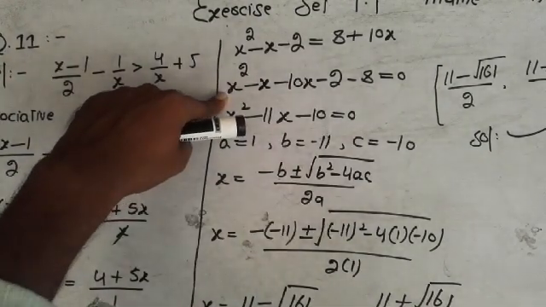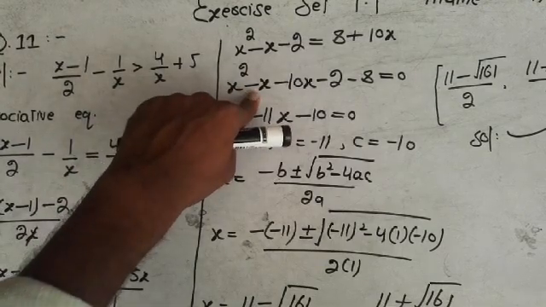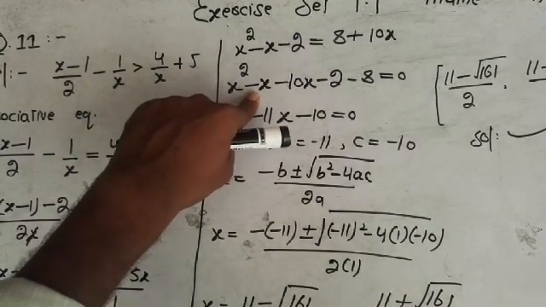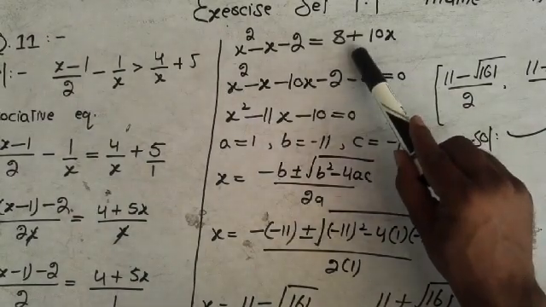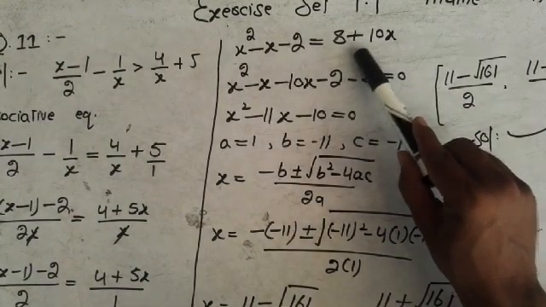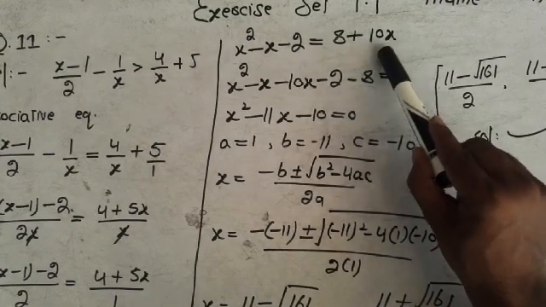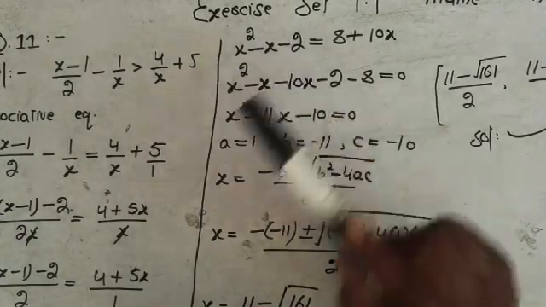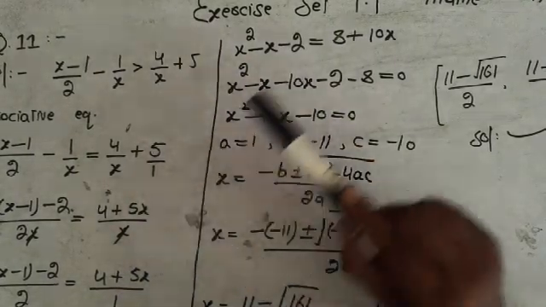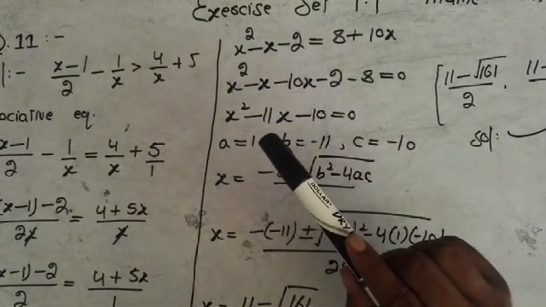X square stays as it is, minus x as it is. On this side 10x contains a positive sign. When we transfer the 10x to this side, it gets a negative sign. So it becomes x square minus x minus 10x.